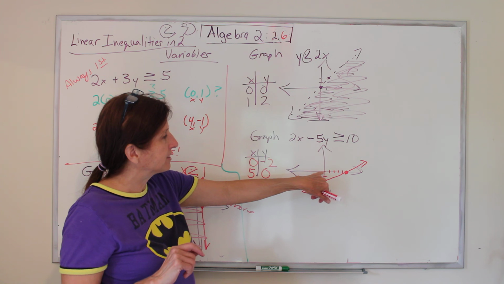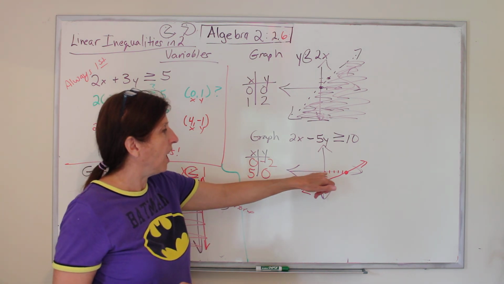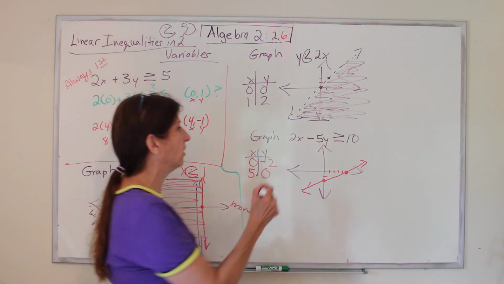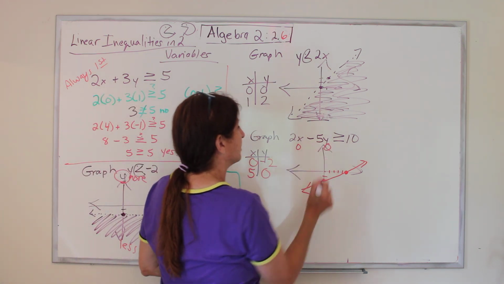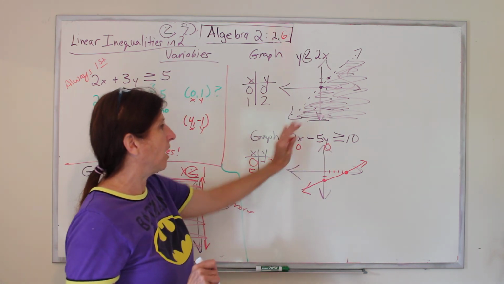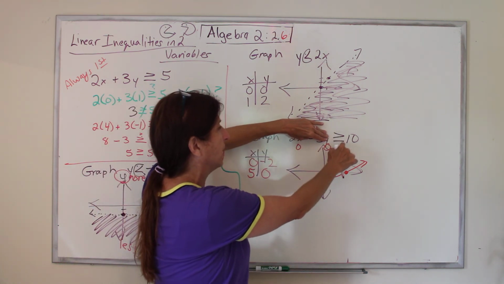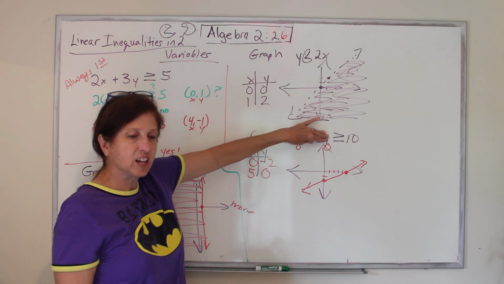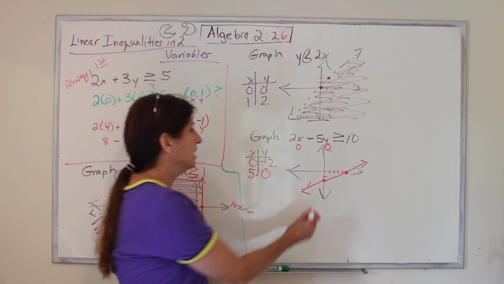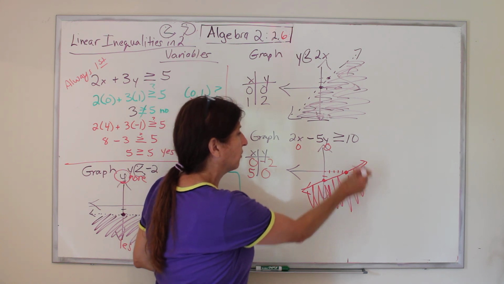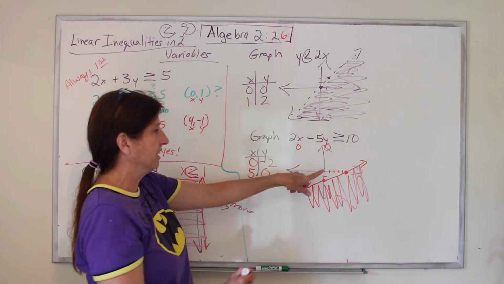If (0, 0) is obviously not on your line, the easiest thing to do here is to substitute in (0, 0), which would make all of this 0. And it says 0 is greater than or equal to 10. Is that true? No.